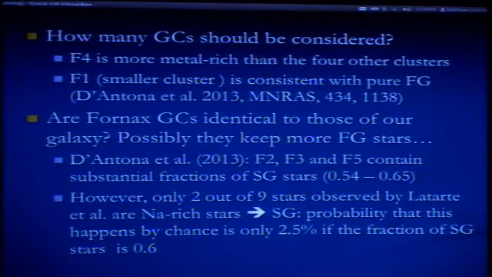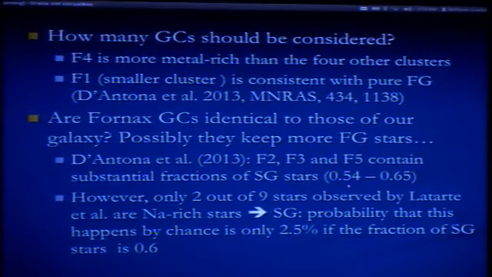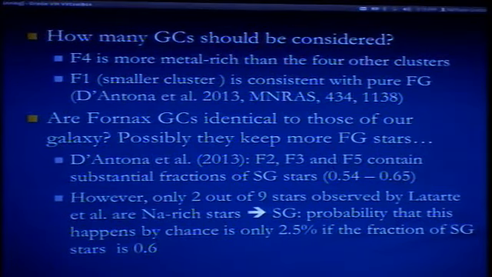Well, there are many details to be questioned in this analysis. Well, one cluster actually is consistent with being pure first generation. The ratio of first generation to second generation is likely smaller in this cluster than in normal globular clusters. This is also the case for the Large Magellanic Cloud clusters.